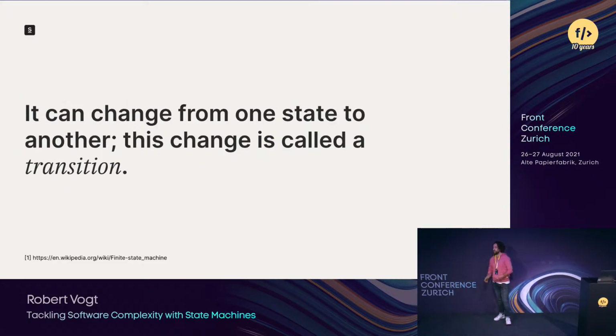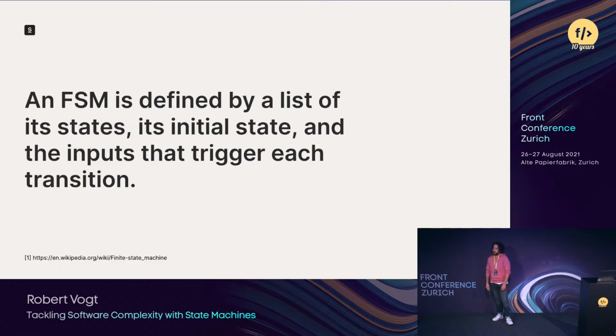And it can change from one state to another, and this change is called a transition. And a finite state machine is defined by a list of its states, its initial state, and the inputs that trigger each transition.